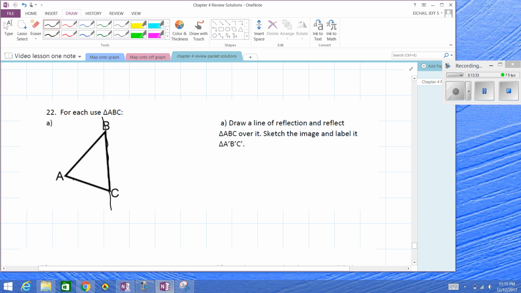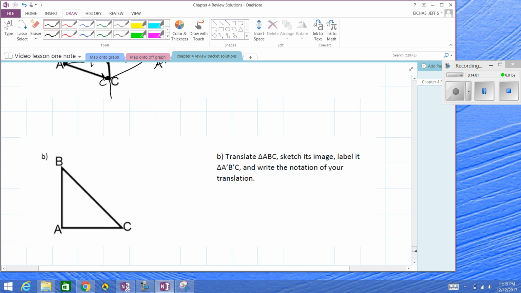That'll make it easy. The only vertex that's going to then move, there's lots of points that'll move, but A would have to travel perpendicular and the same distance away. So let's assume that's A prime, and there it is. Okay, perpendicular and the same distance away, A prime, B prime, and C prime.